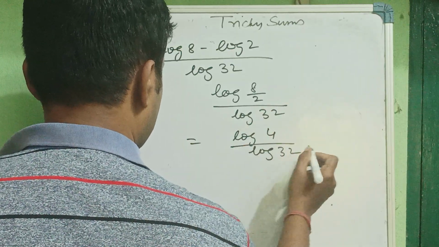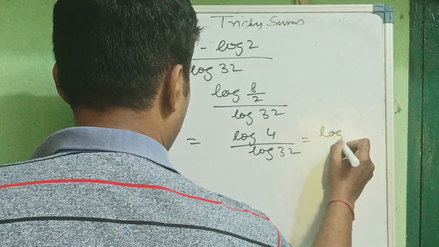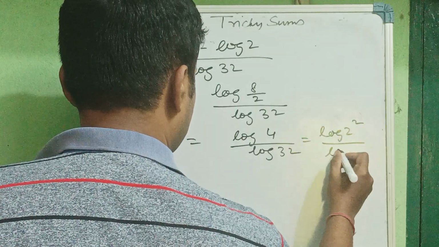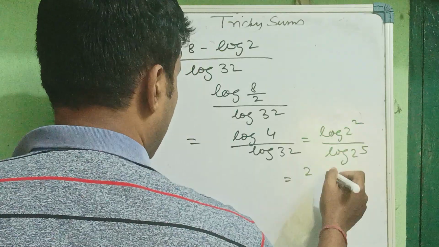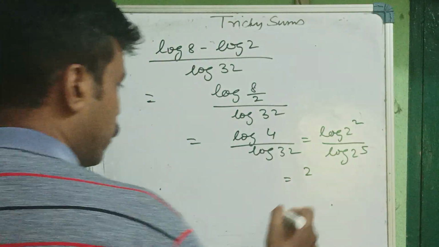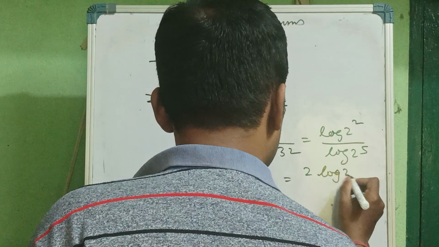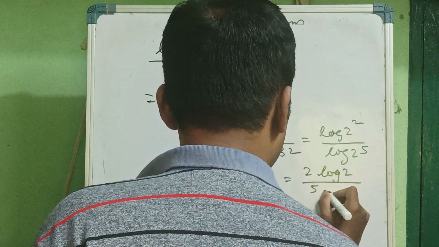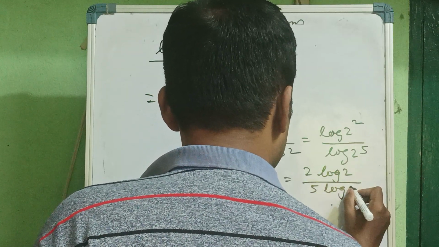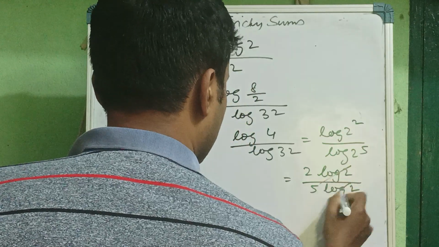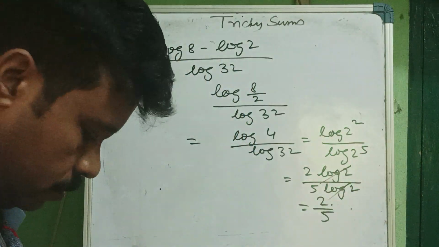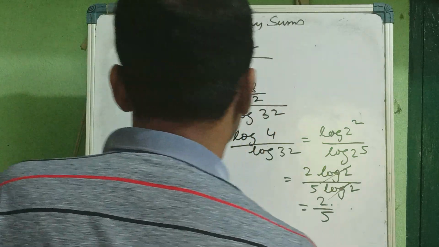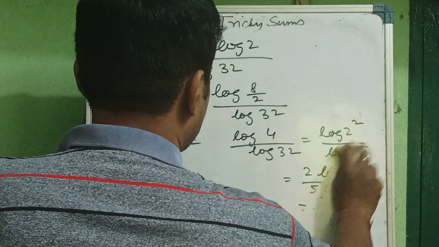You can change log 4 as log 2 squared and log 32 as log 2 to the power 5. The power comes to the front of the log, so 2 log 2 divided by 5 log 2. If you cancel log 2, the value remaining is 2 by 5. It is my answer. Okay, this is a simple calculation and it comes in the examinations.